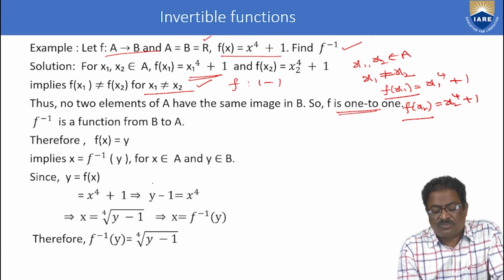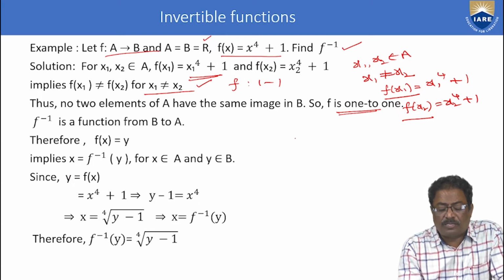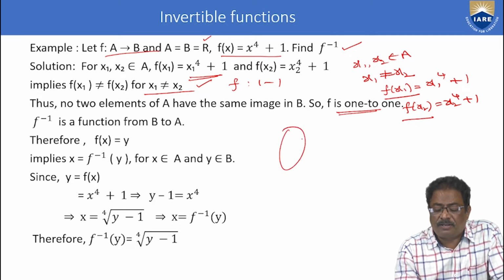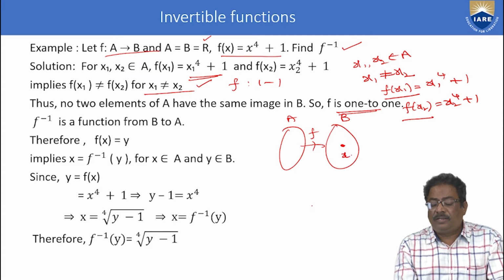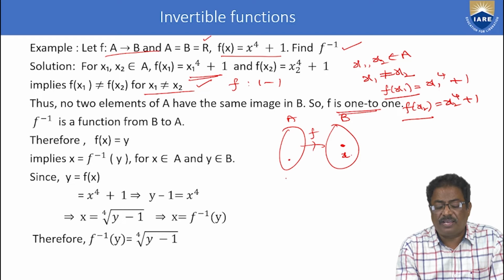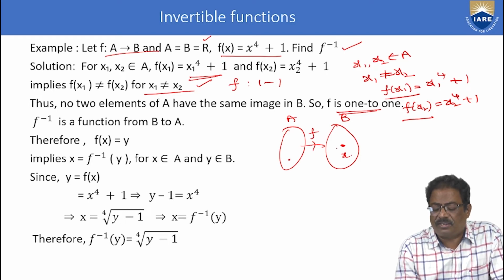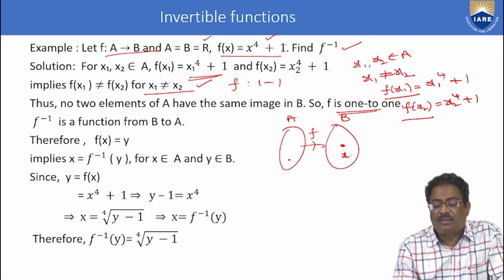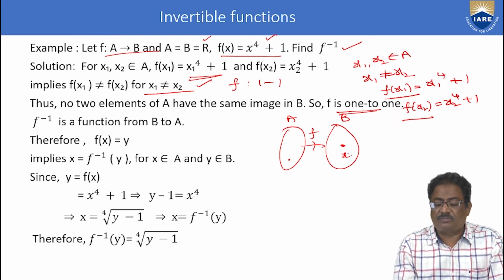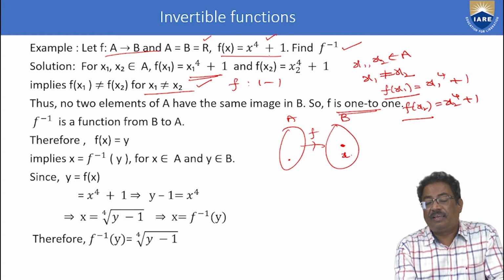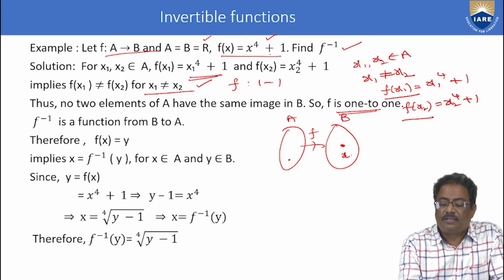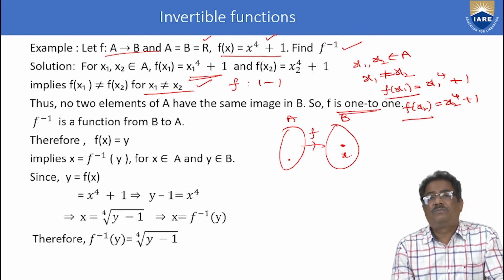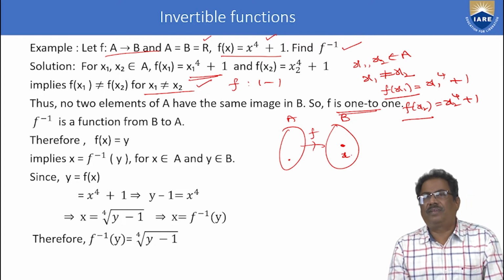Consider one element x in B. If it has a pre-image, whatever value we obtain, the corresponding x1 is also obtained from A. So the ontoness is obvious because of the given function itself.